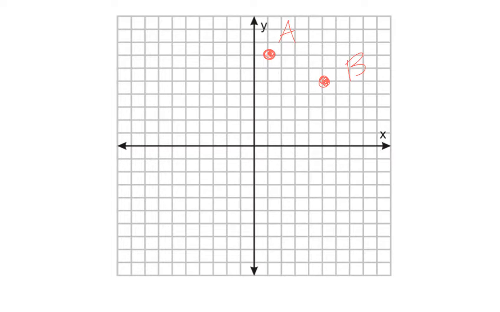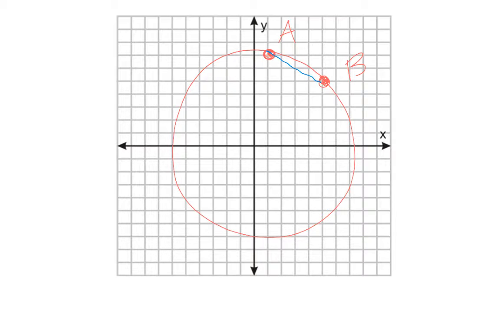According to the description, these 2 points lie on a circle. I'm going to try my best to sketch a circle freehand. It's going to look something like that. There is a chord joining points A and B. I'm going to draw it in.